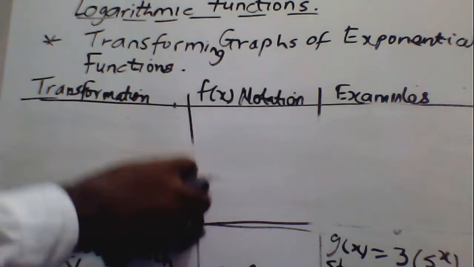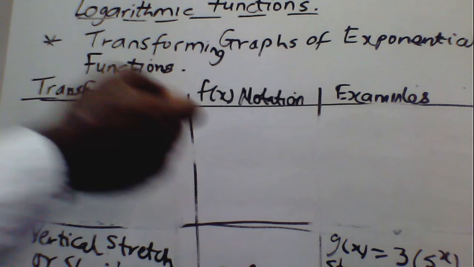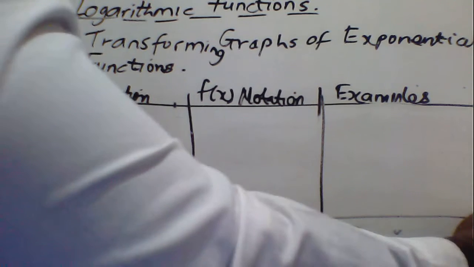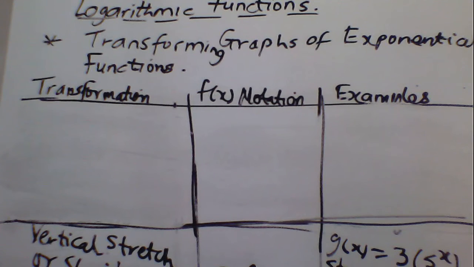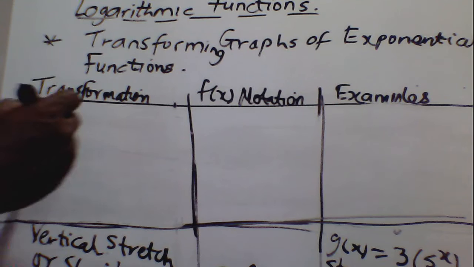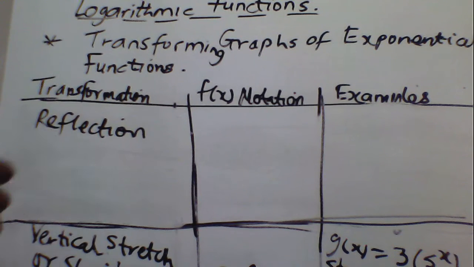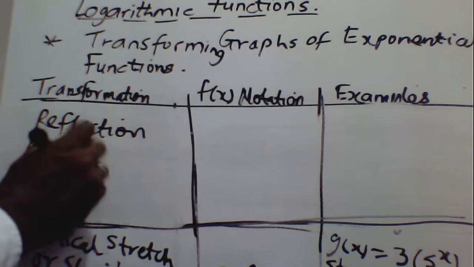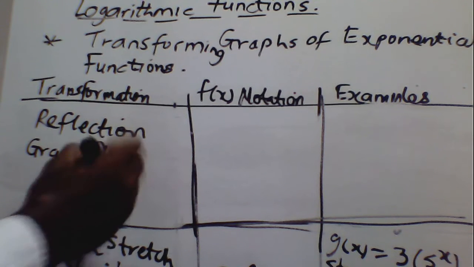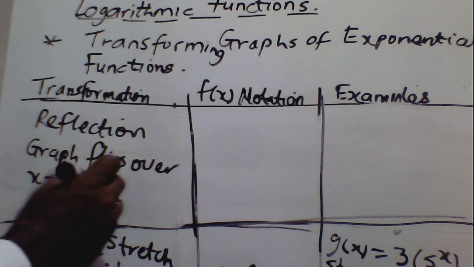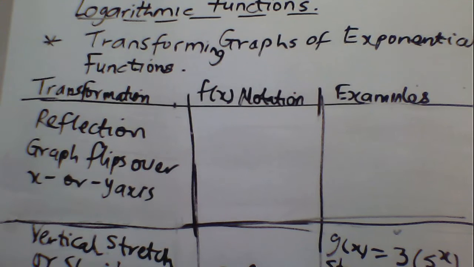This table enables us to easily see what we are going to encounter in examples of transformation of exponential and logarithm function. So the next is reflection. The graph flips over the x or y-axis. So for reflection, the graph will flip over the x or y-axis.